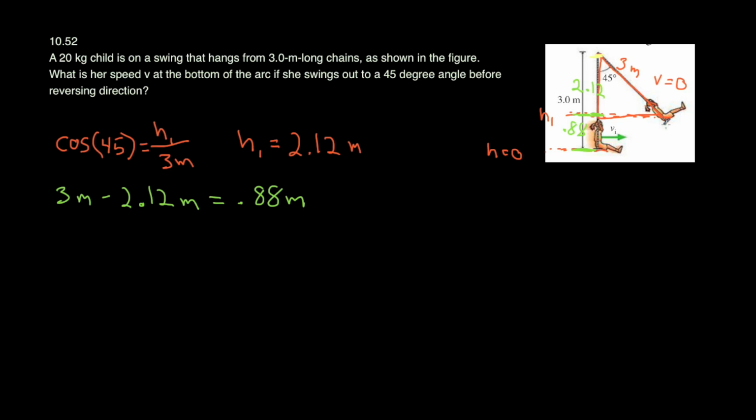Okay, so now let's calculate her potential energy up at this point over here. So potential energy, we'll call it U, is going to be equal to her mass times gravity times that height, which we just found out to be 0.88 meters.